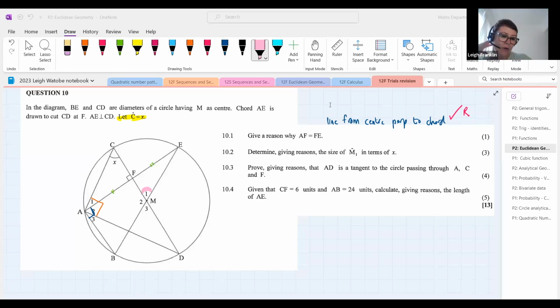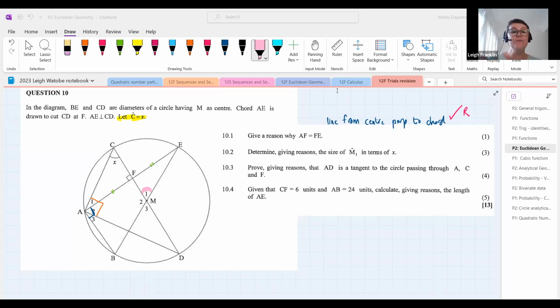So angle M1 is twice the size of angle A1. Can you see that, guys? Yes, it is, Amatle. Again, fingers at C and E, come to M1 at the center, back to C and E, go to A1 at the circle. So this is angle at center is twice angle at circumference.